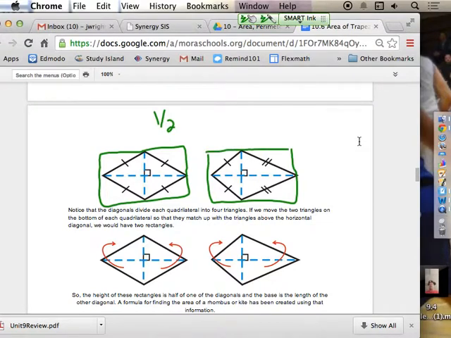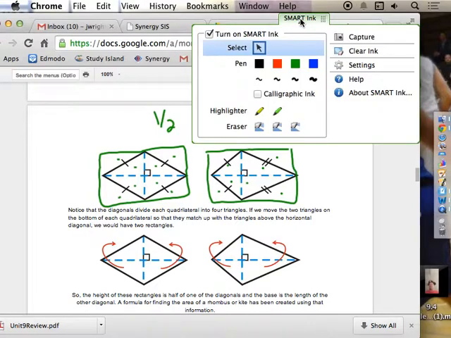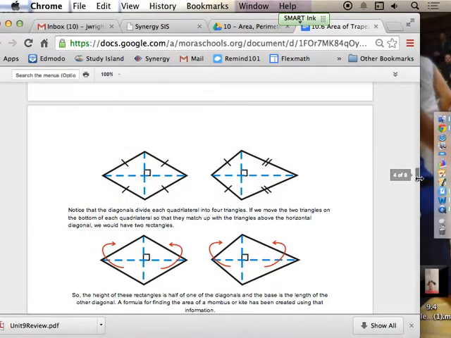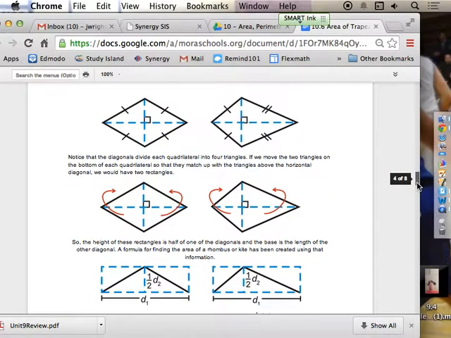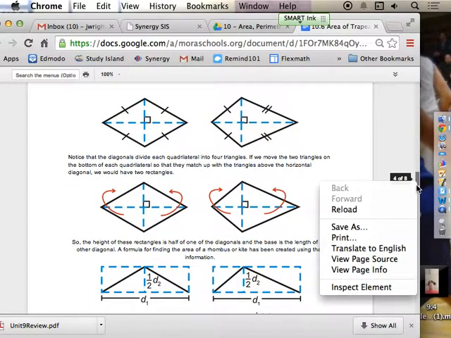It is half, because if you flipped over this side and put it there, and this side there, you can see it's half. Same with this one that has four equal sides. And why is that useful? Because when we want to figure out the area of a rhombus or a kite, we just have to multiply the diagonals times each other and take half of that.